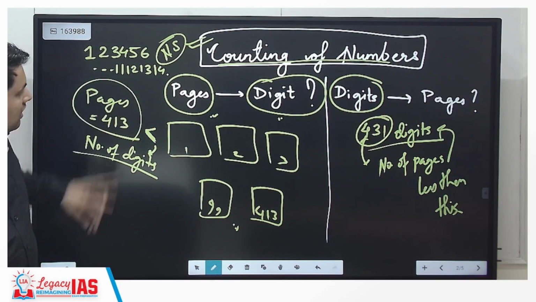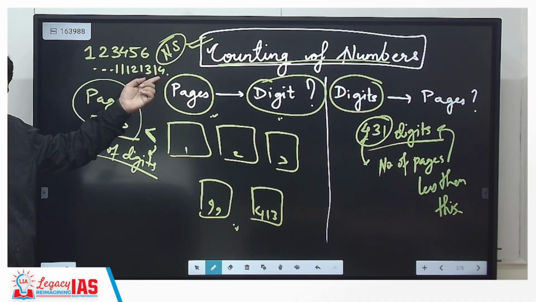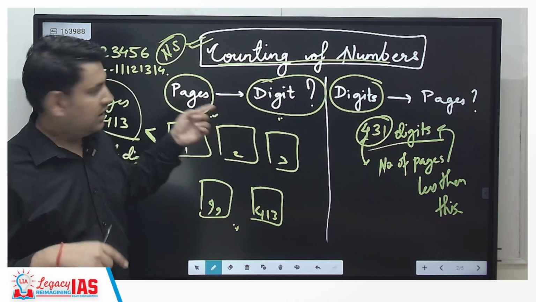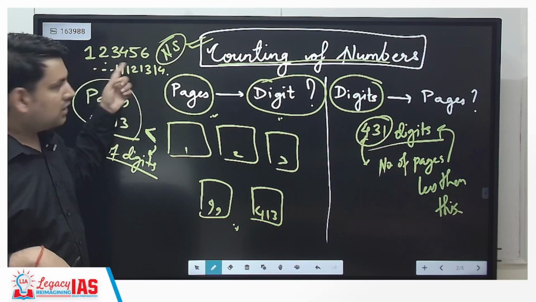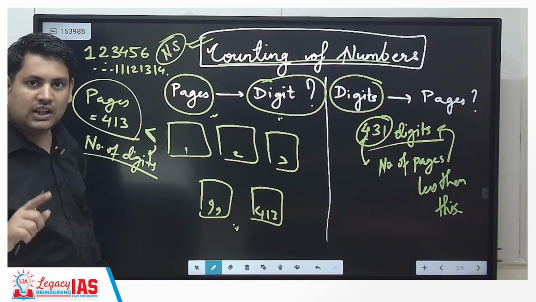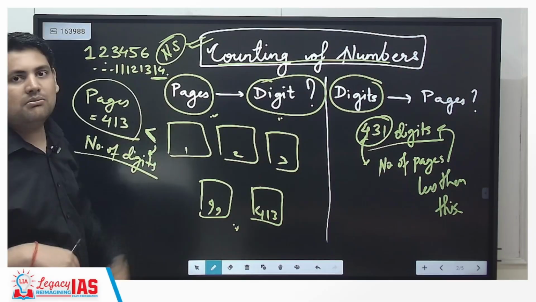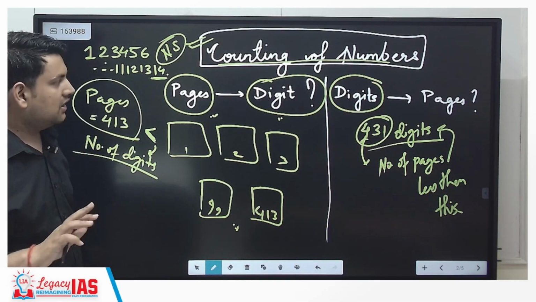Again same thing, these 1 2 3 4 5 6 7 8 12 13 14. So 14 is like the number of pages that are in the book. And if you see 1 2 3 4, all these are digits. So if you count all of them you will get digits, and this 14 that you are seeing is actually the number of pages. Understood? It is just a way of writing questions.